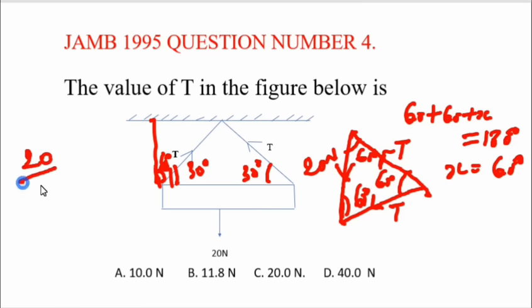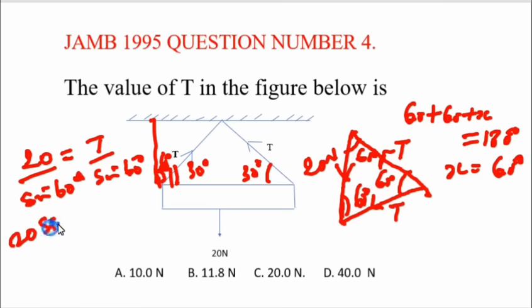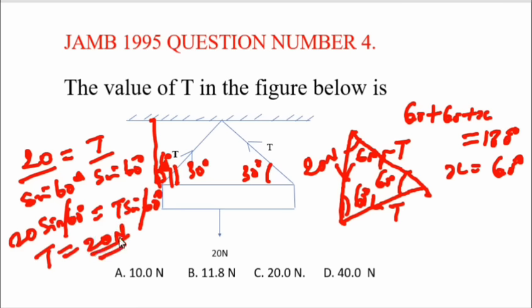So we have 20 over sine 60 equals, since the tension is the same, T over sine 60 degrees. If I cross multiply, I'll have 20 sine 60 degrees equals T sine 60 degrees. So this can cancel this, so that the tension equals 20 Newton.